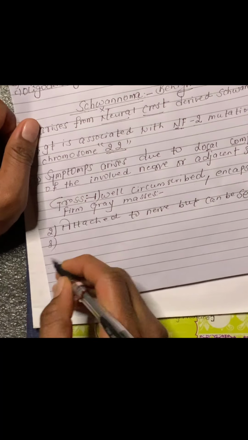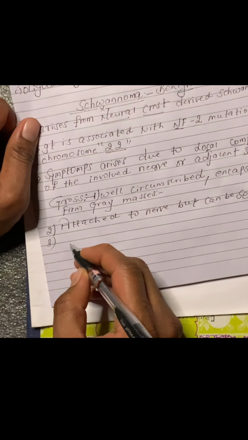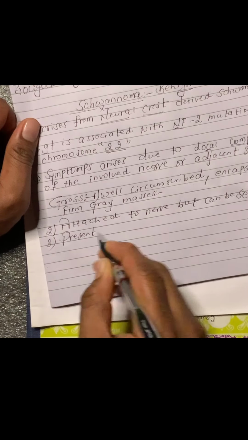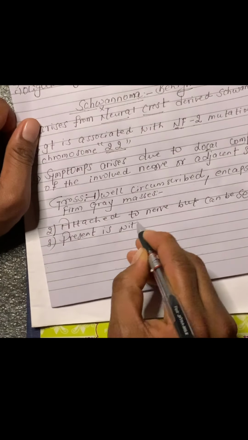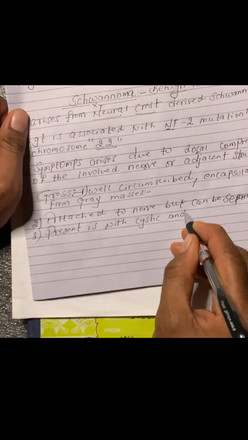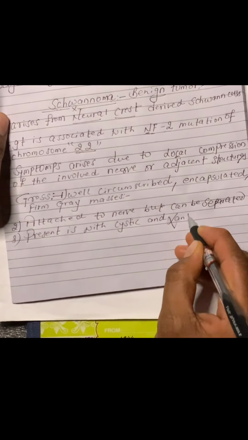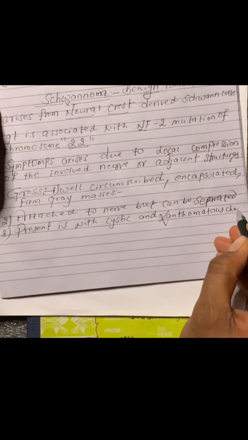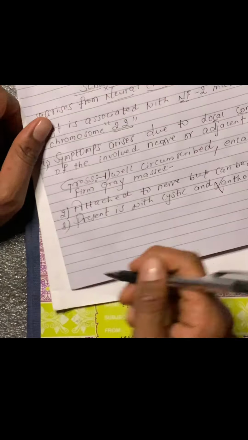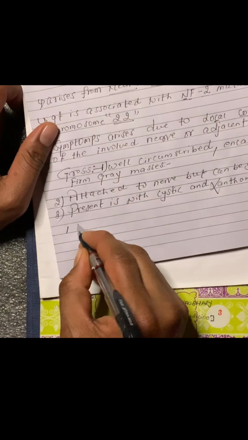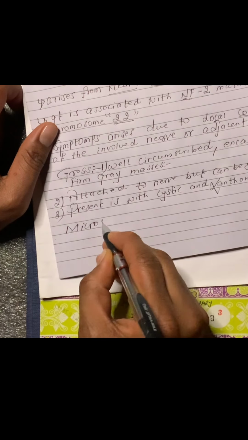The third point is a very high yield point: it is present with cystic and xanthomatous change. Okay guys, so just write these three points about the gross features of schwannoma. Then, a very important high yield point: microscopic features.